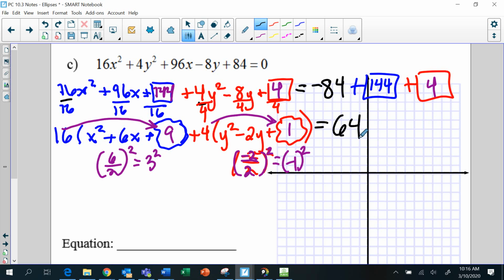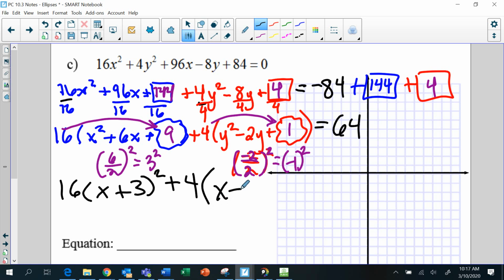If you're not quite sure how to factor it, the number you get before you square it is how you factor it. So 16 stays outside. We have x plus 3 squared, plus the 4 outside, and y minus 1 squared equals 64.